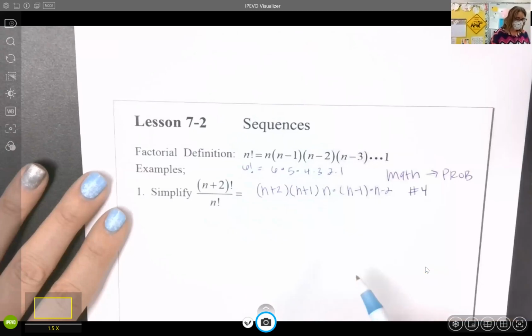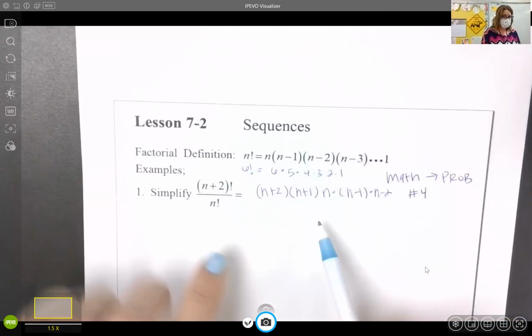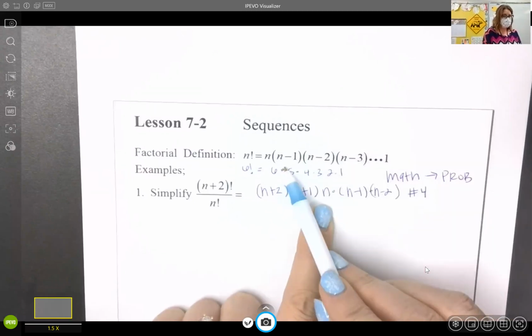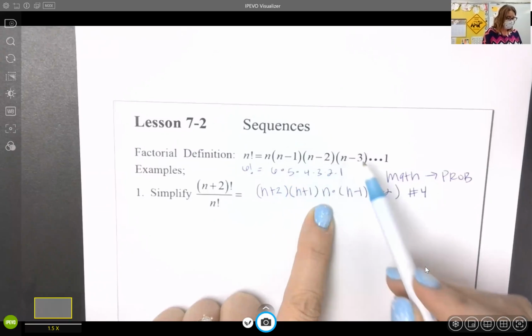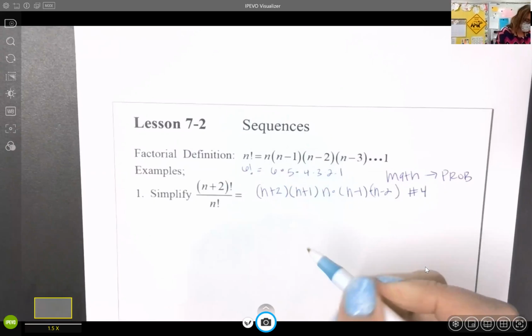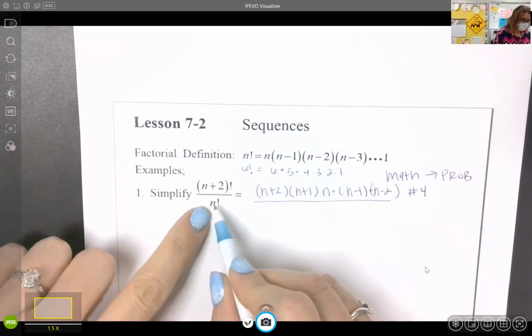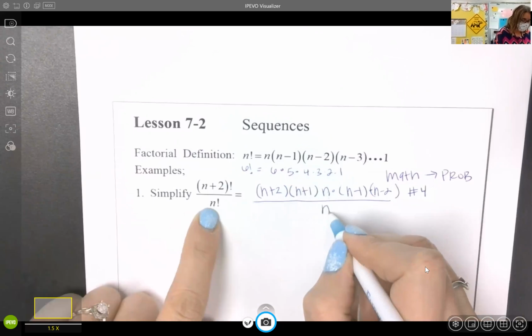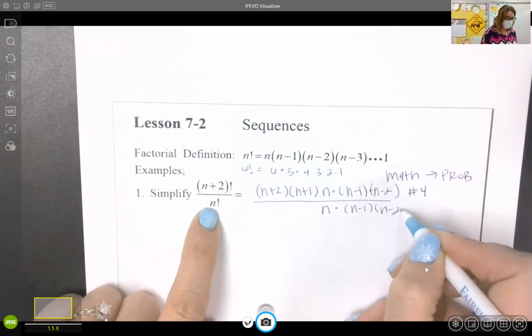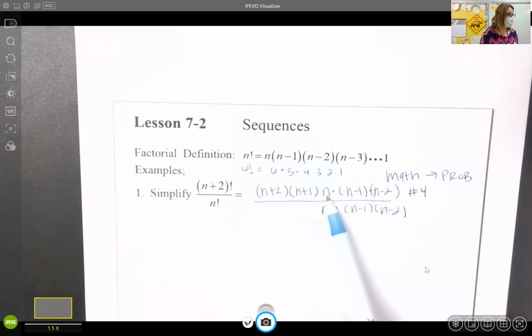So what I want you to notice is that from this n, just like this up here, n minus 1, n minus 2, n minus 3, I start with n, and then I have n minus 1, n minus 2, and it will just go forever. That's going to be same with this factorial on the bottom. So n factorial is going to be n times n minus 1 times n minus 2, right? So notice that this is an n factorial, and this is an n factorial. So once I get them where they're the same, then I can cross them off.